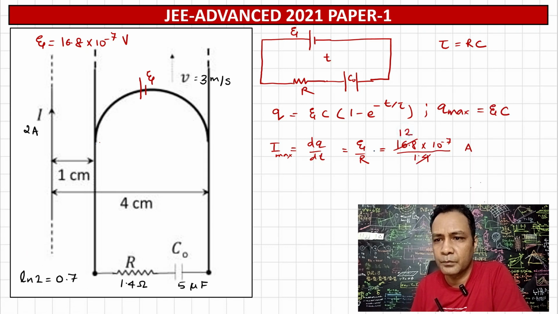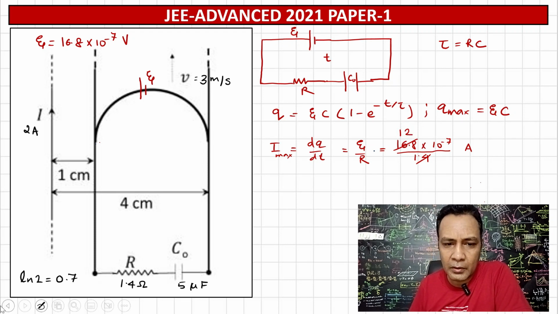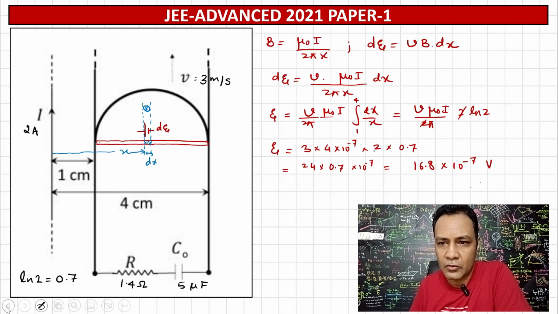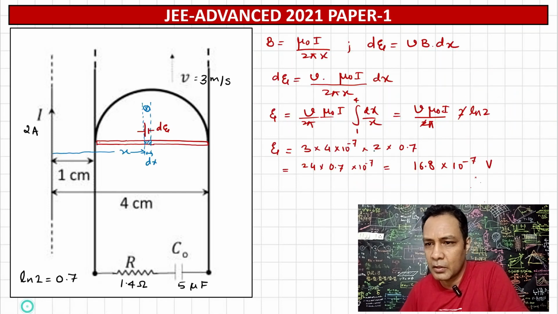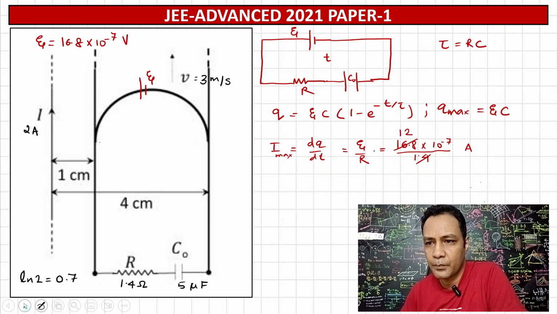So that will be 12. So we got the maximum current 12 into 10 to the power minus 7 ampere. Let's see which option we can get, and that is the option 1. What I've got, 12 into 10 to the power minus 7, that is actually 1.2 into 10 to the power minus 6 ampere.